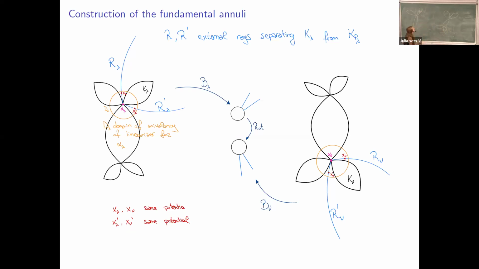We have external rays, which are blue, that separate the little field Julia set from the rest of the field Julia set. And these external rays are actually sent one to the other by the Böttcher map, the composition of the Böttcher map, up to rotation.